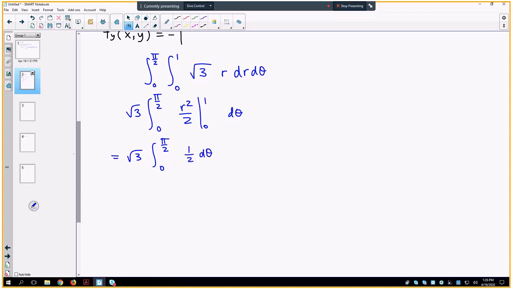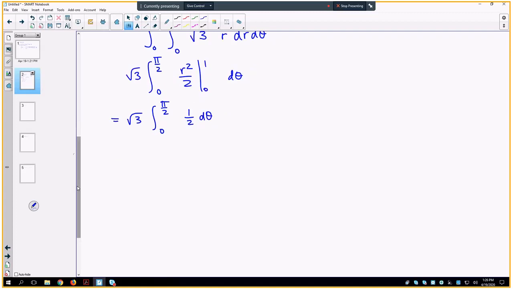So it's just 1/2, which is also a constant. I can say this is square root of 3 over 2. The antiderivative of d theta, or 1 d theta, is theta, and evaluate from 0 to pi over 2. I get square root of 3 over 2 times pi over 2, or square root of 3 pi over 4.